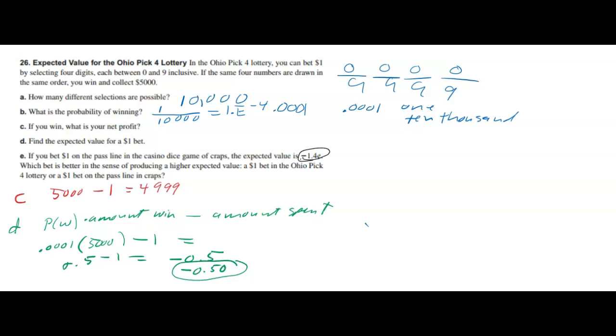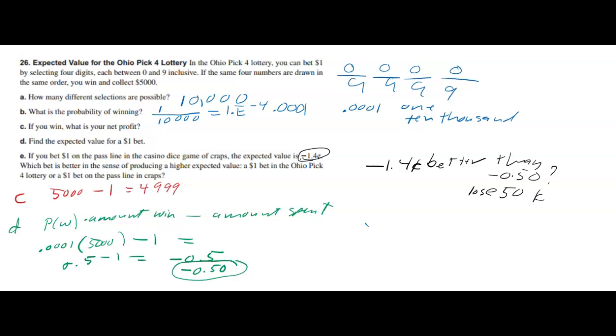Which bet is better in the sense of producing a higher expected value? So the question here is, is this negative 1.4 better than the negative 0.5 from a perspective of how much you could win? This is negative 1.4 cents, and this is 50 cents, and these are both losses.